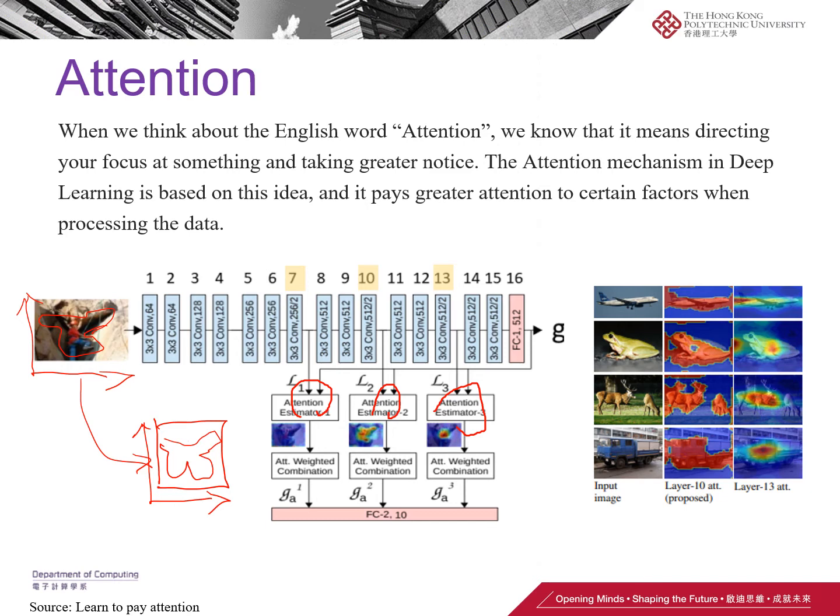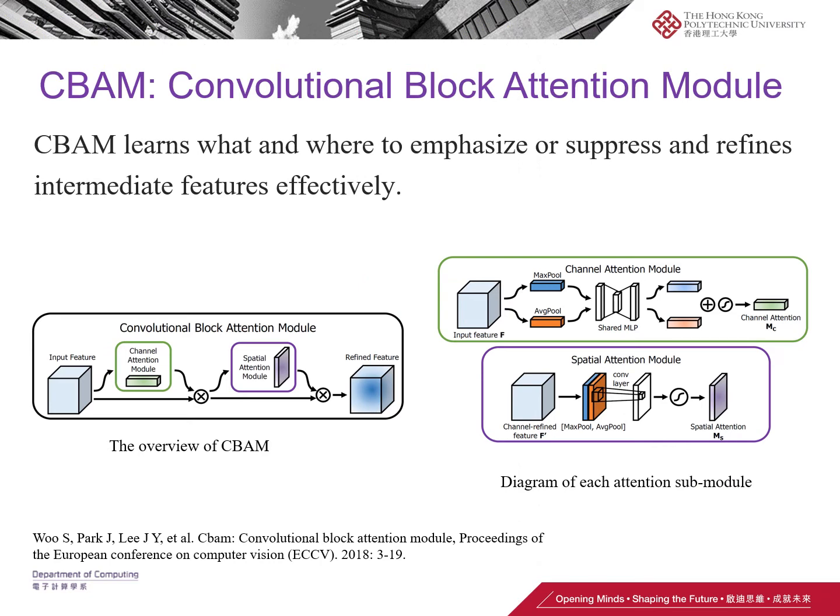Besides doing it on the spatial dimension, we can actually do it on the channel dimension as well. Here, CBAM, the convolutional block attention module, can do that. It considers both the spatial dimension and the channel dimension.